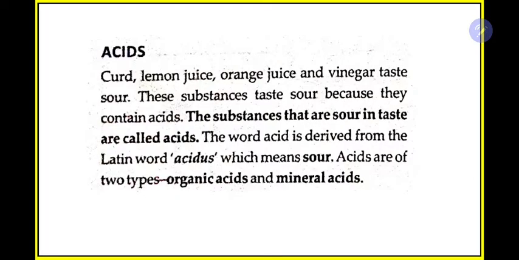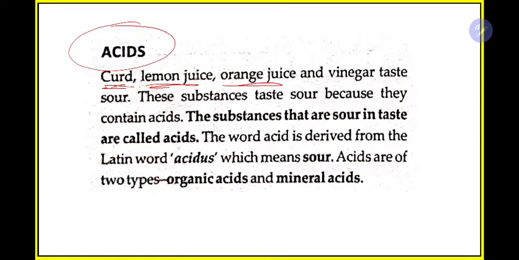So as I said earlier, today we'll start discussion with our acids. What are acids? So curd, lemon juice, orange juice, vinegar taste sour. So all of us have eaten curd, right? Lemon juice, this is common to us. Orange juice also, you know. So vinegar. So all these taste sour. This substance is sour because it contains acid.